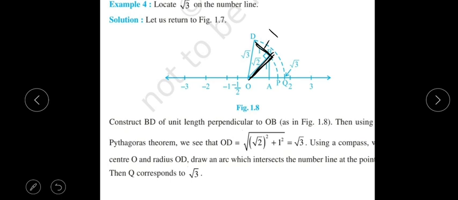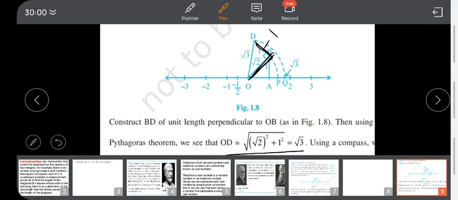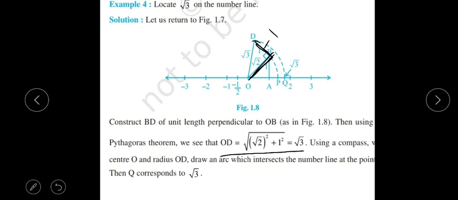Again, using Pythagoras theorem, OD is equal to root 2 square plus 1 square, which is equal to root 3. We will take OD as radius and make an arc which will intersect at point Q on the number line, and this point Q will represent root 3.